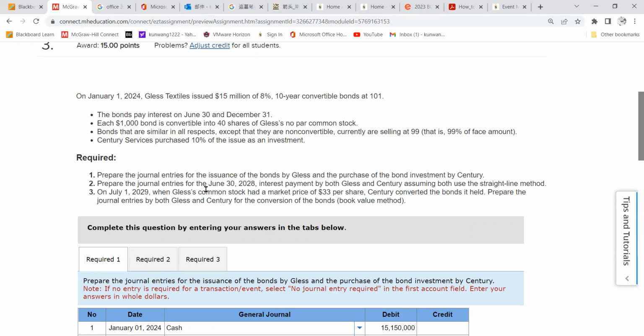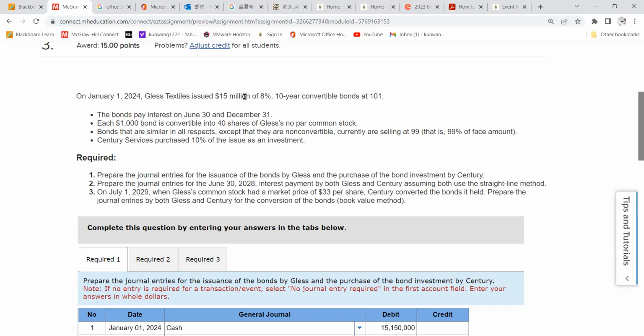But before you prepare the journal entries, get a basic understanding of what the bond issue and the conversion features are, because the conversion feature tells us how the value will be converted to common stock.